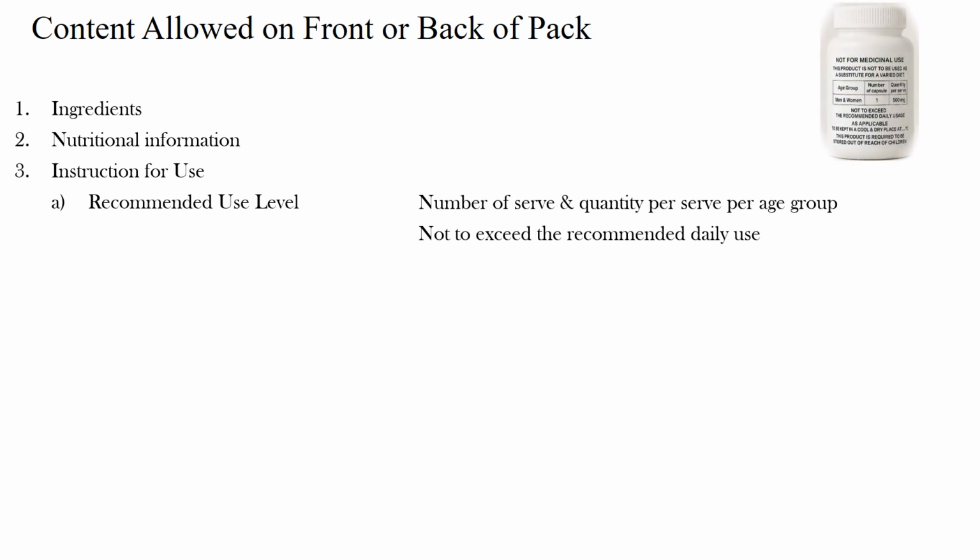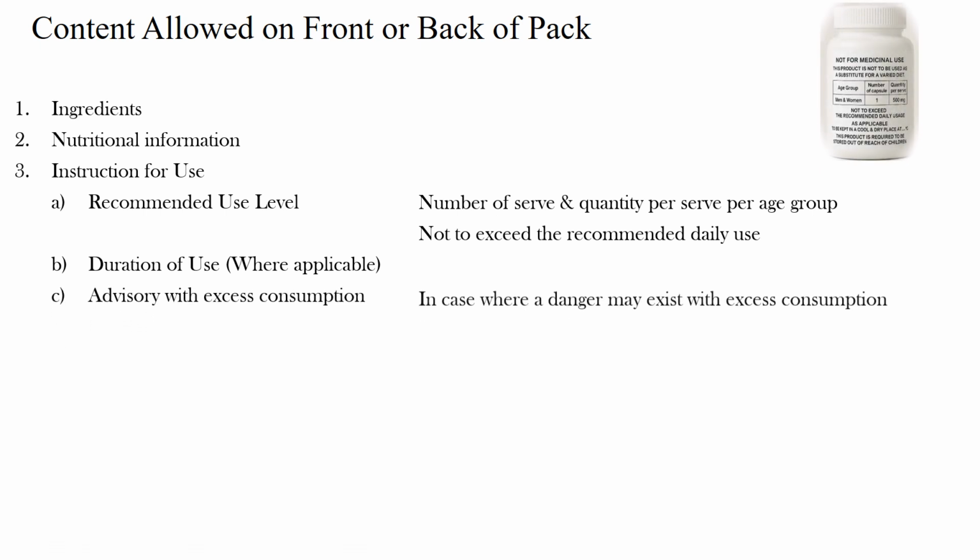In addition to these, the label must also have the duration of use where applicable and the advisory with excess consumption in case where a danger may exist with excess consumption.